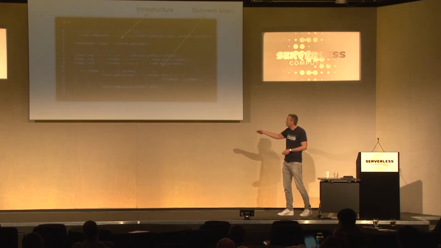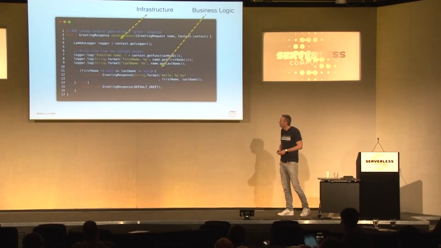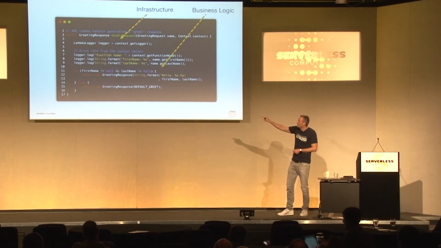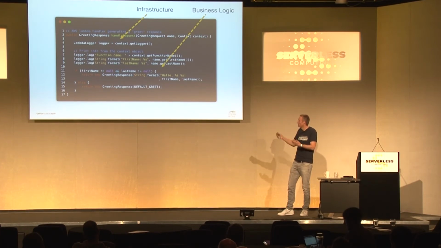The business logic is this if statement: if first name and last name are not null, create a greeting response with the input that comes in and then send this greeting response out.